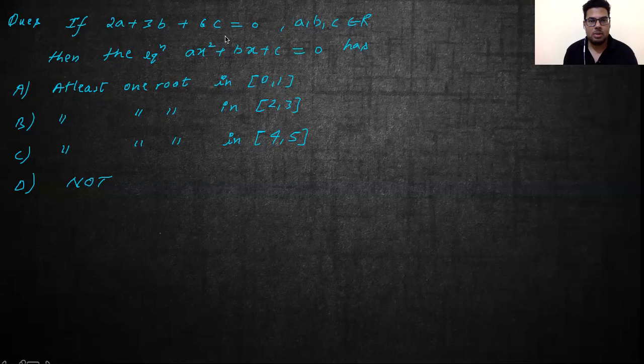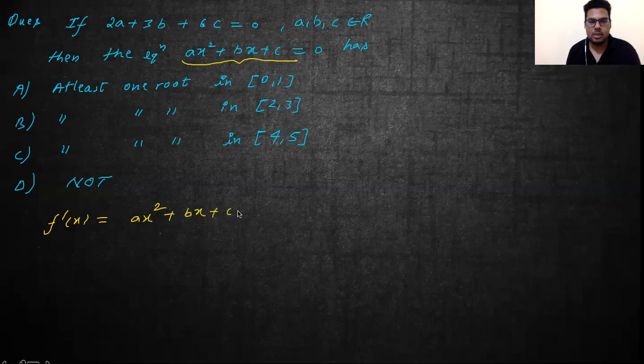So 2a plus 3b plus 6c equals 0, and this equation has roots. We have already discussed in the first question that if you do not have any hint what to do, note that it is talking about the roots of this equation, and Rolle's theorem talks about the root of the derivative. So basically, this is the derivative given: f dash x equals ax square plus bx plus c.